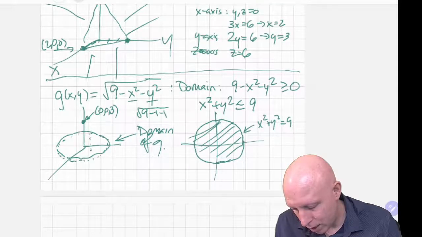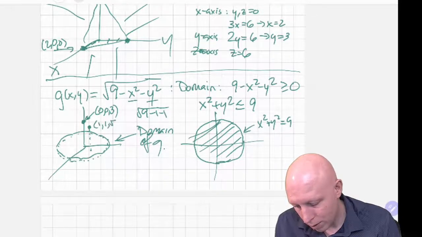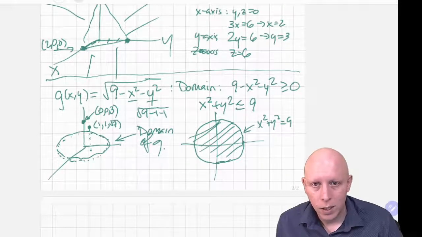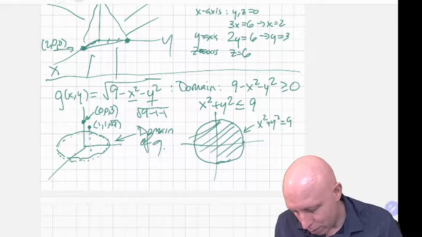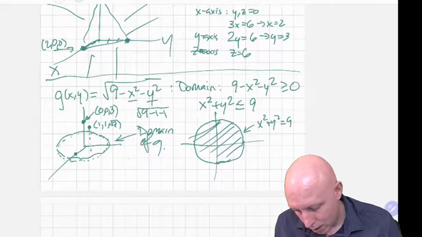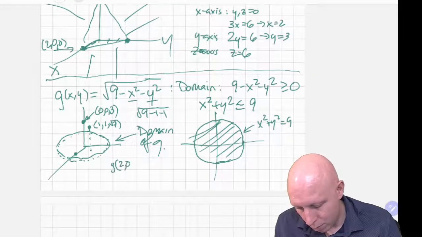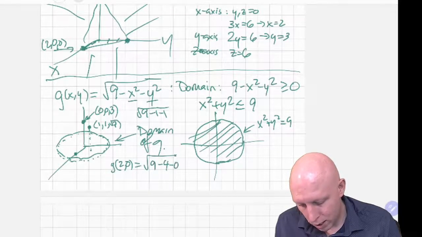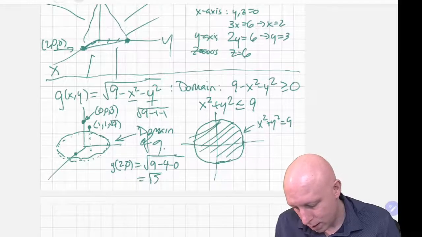So above here, this would be 1, 1, square root of 7. If we're over here, maybe at 2, 0, so g of 2, 0 is equal to the square root of 9 minus 4 minus 0, so square root of 5.